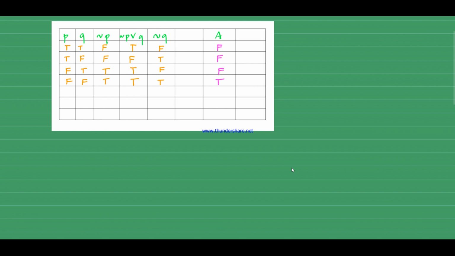Then we create the truth table for that symbolic statement. Let's see if we can do that. Example number 4.